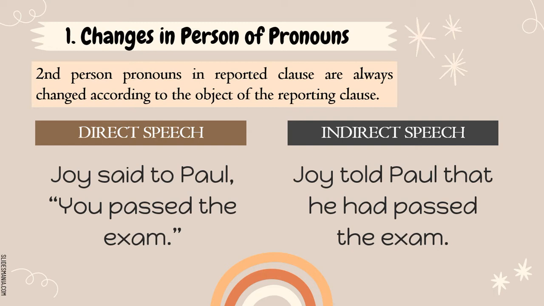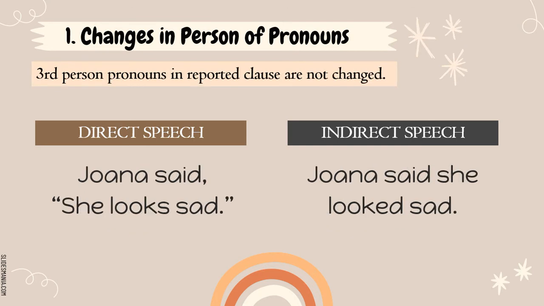Next, third person pronouns in the reported clause are not changed. So for example, direct speech, Joanna said, comma, open quotation mark, "She looks sad," period, close quotation mark. For the indirect speech, we have Joanna said she looked sad. So there is no change in terms of the third person pronoun.